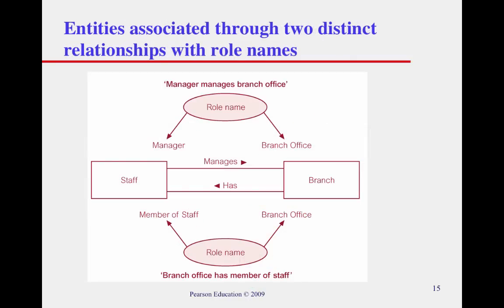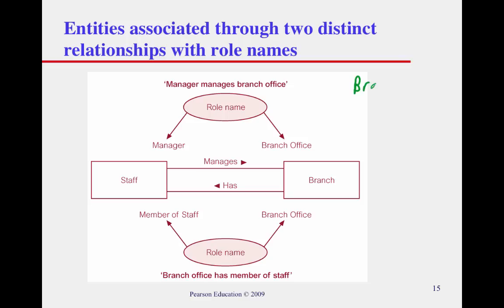Now you can also get this kind of recursive relationship where it's not to itself, but it's a cycle between entities. So this is also, in some sense, a recursive relationship because it's circular. Here we have staff manages a branch.